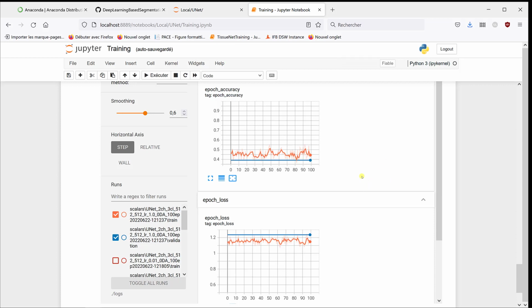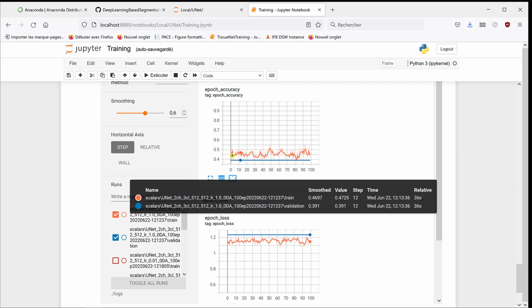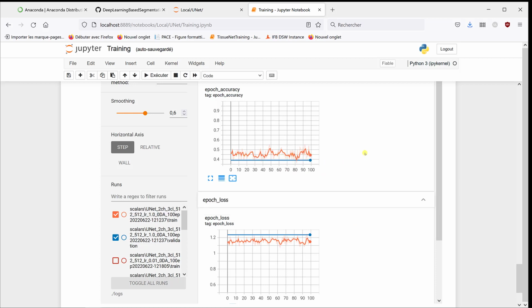And when we look at the validation, for both accuracy and loss, they're flat. And so for accuracy, this means that you always have the same score. When you get something like this, most of the time when you do pixel classification, it means that all the pixels are classified within the same class. For example, they're all background. And that's why it doesn't change at all. It's just because you're not converging.